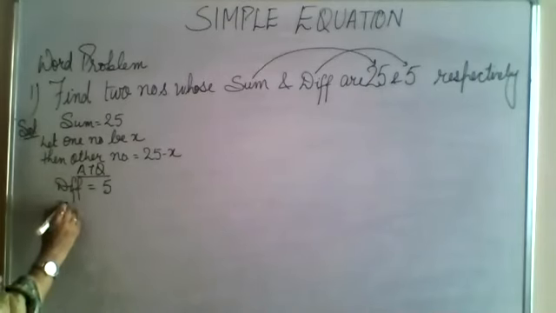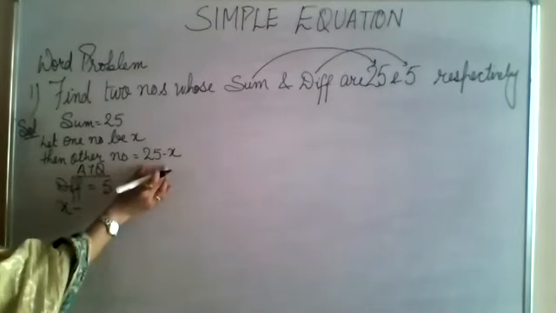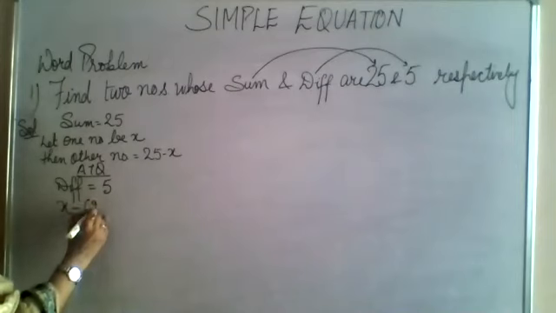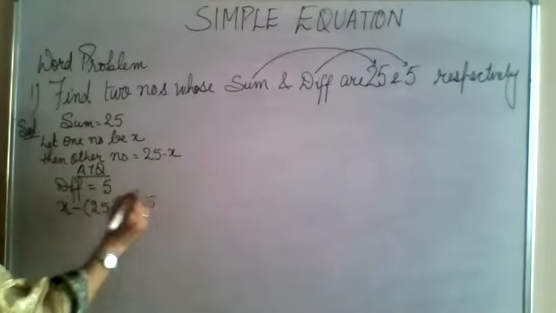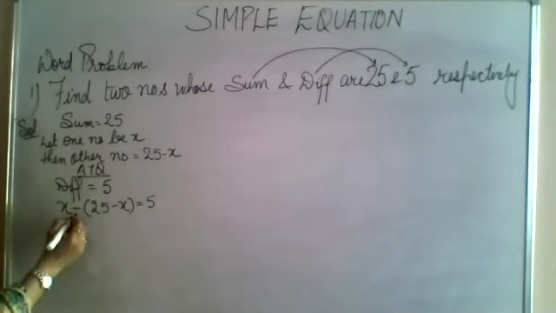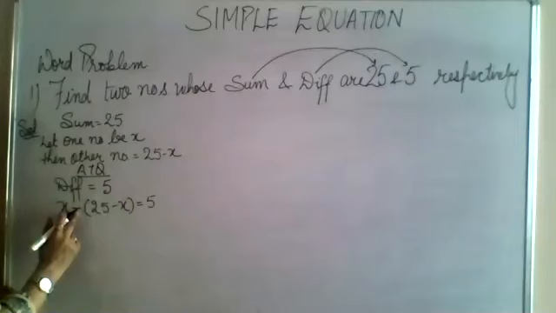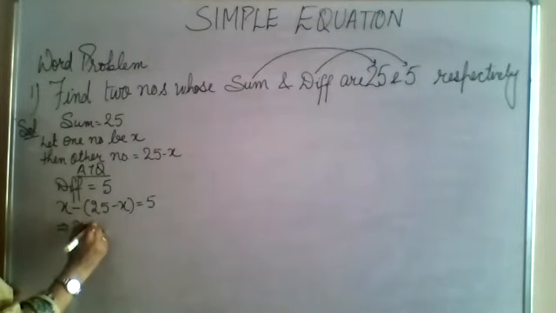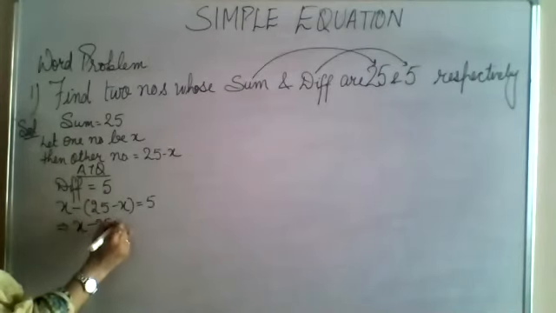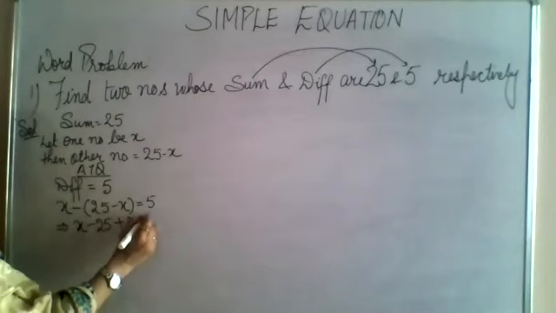So x minus, two terms are there, so take in bracket. Open bracket. Minus is outside, so all terms come out with opposite sign. So plus will become minus and minus will become plus.